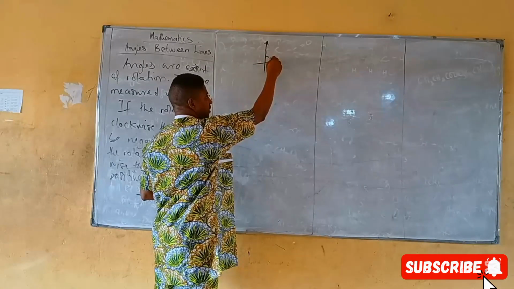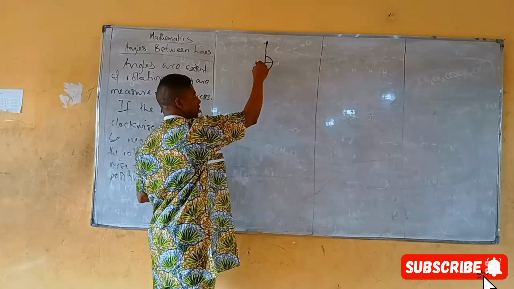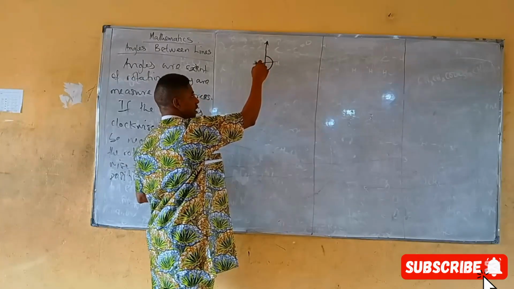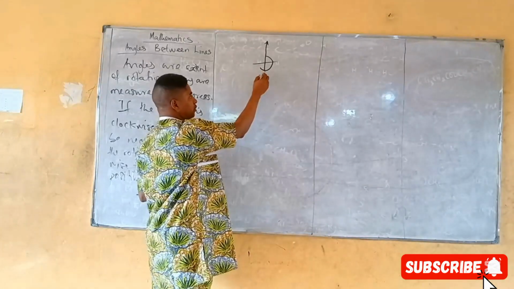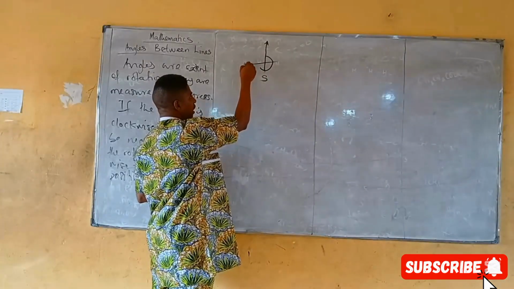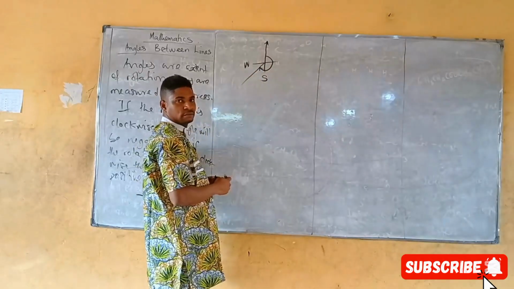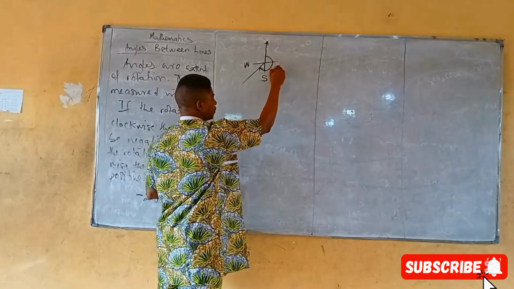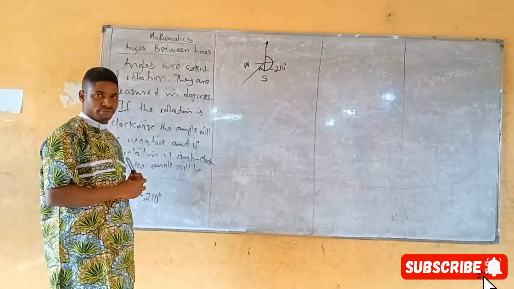This is 90. This is 180. 210 will be somewhere between the south and the west. This is minus 210 degrees, for example.